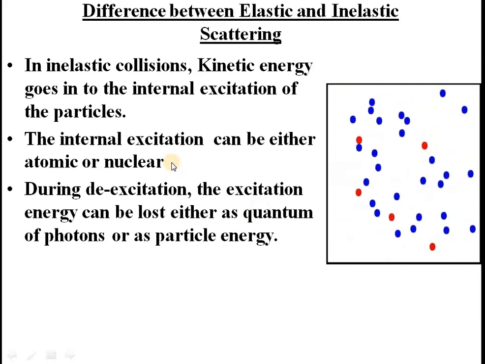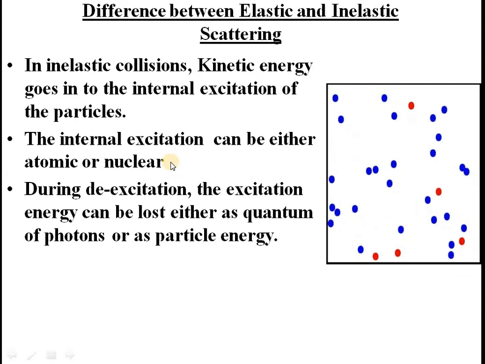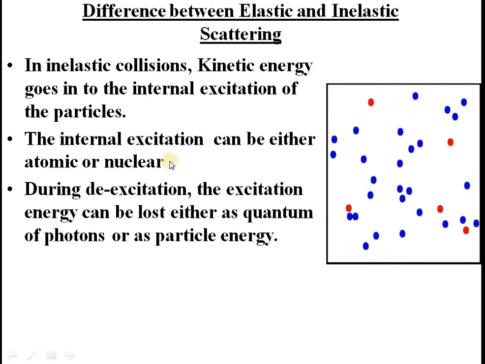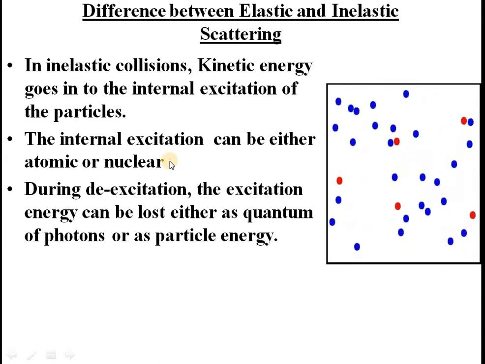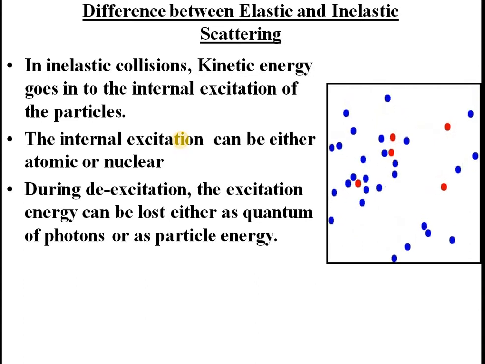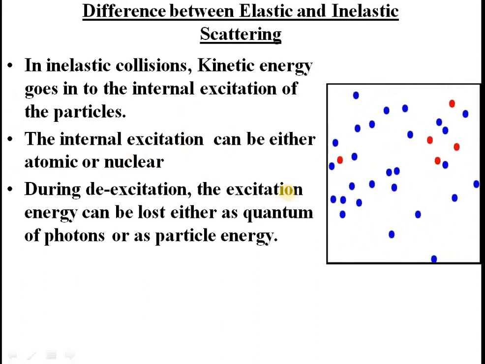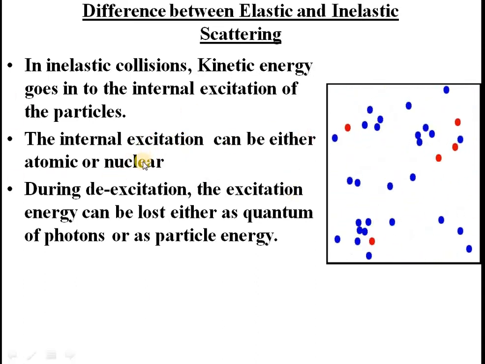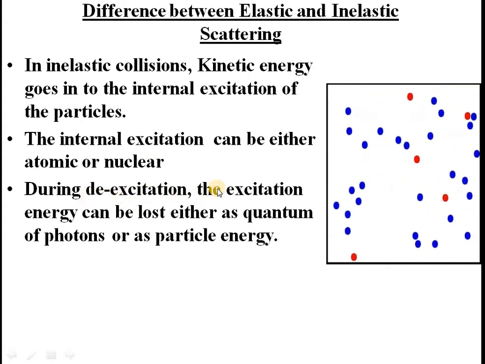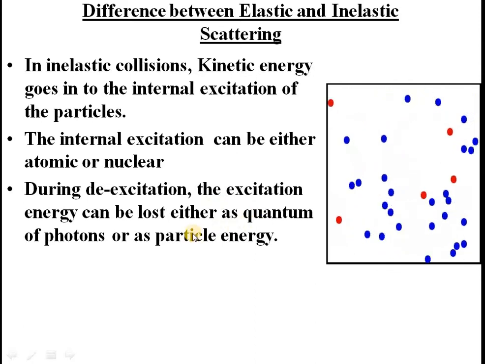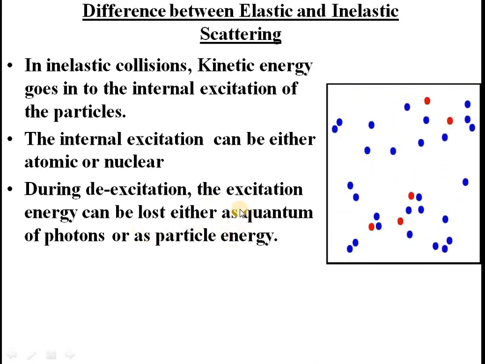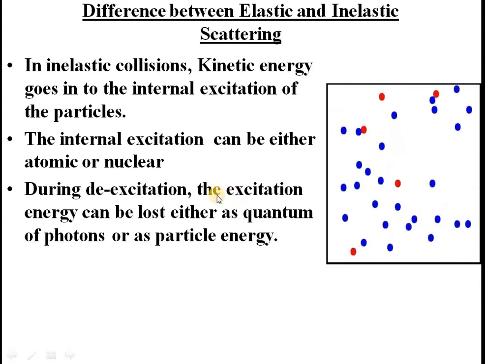So once a particle or a photon interacts with the nucleus, the nucleons can go to other discrete energy levels. That is what is called nuclear excitation. There are all possibilities, depending on the situation. During de-excitation, the excitation energy can be lost either as quanta of photons or as particle energy. This is also a natural phenomenon.